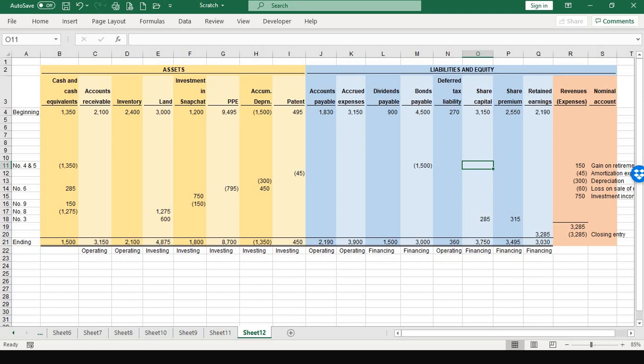So how many shares are there in the 3,150 pesos? If the par value is 5 pesos per share, then 3,150 divided by 5 is 630 shares.